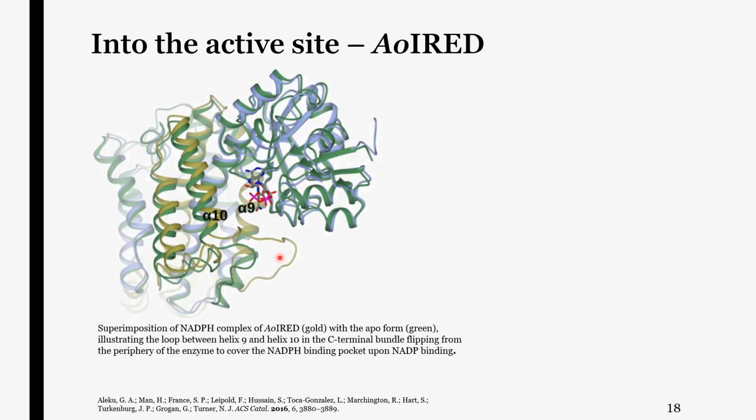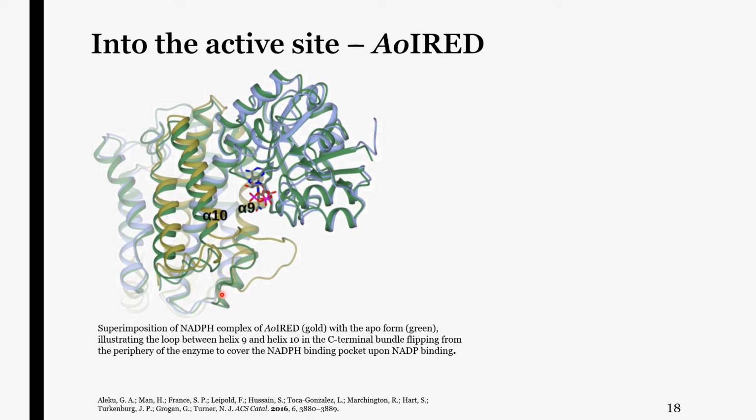Then another approach from Aleku and Nick Turner was done here. They superposed two different crystal structures of one imine reductase. And here you can see in green, that's the crystal structure without the NADPH cofactor. As you can see, this loop here is more on the outside.